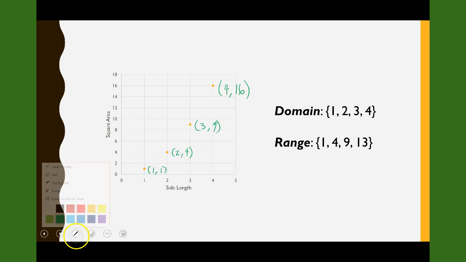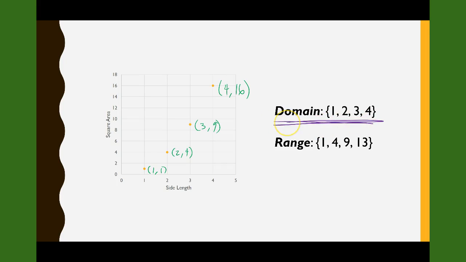The first numbers, in this case the x values, represent the domain: 1, 2, 3, 4. And the range, as always, is the set of outputs. So it's 1, 4, 9, 16. And that's how we find the domain and the range if we're given a graph.